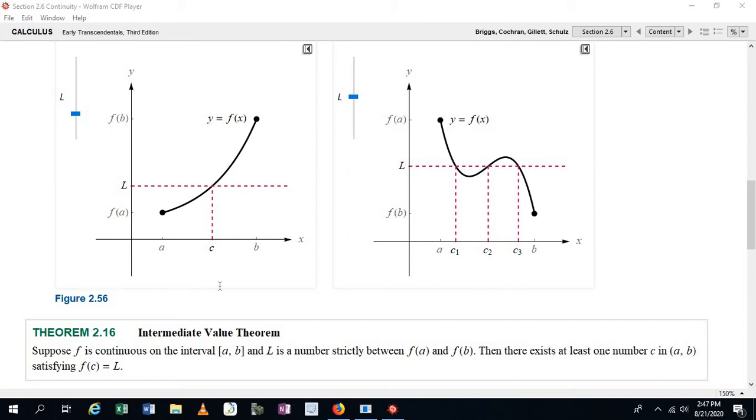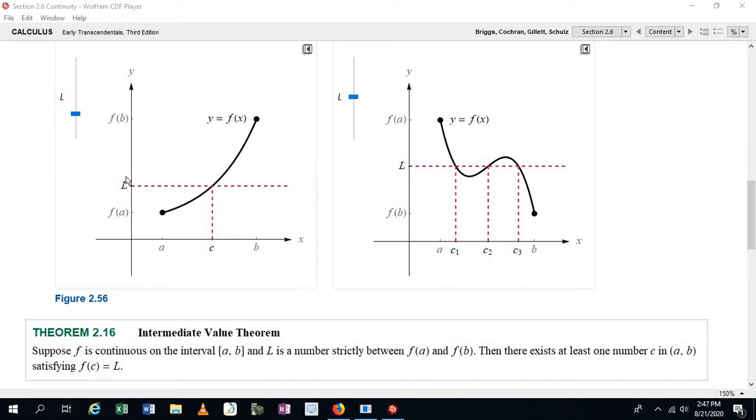Okay, so to see what this theorem is telling us, let's look at this diagram. Notice in this diagram, we have this function that's continuous on the closed interval from a to b. A is here and b is here, and f is continuous on that closed interval. So the first condition is being satisfied here.